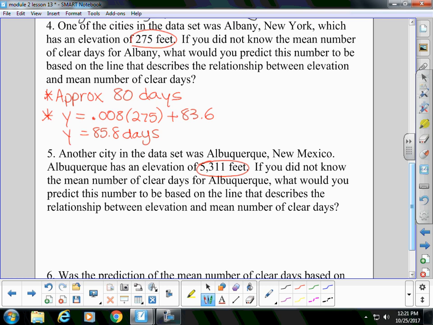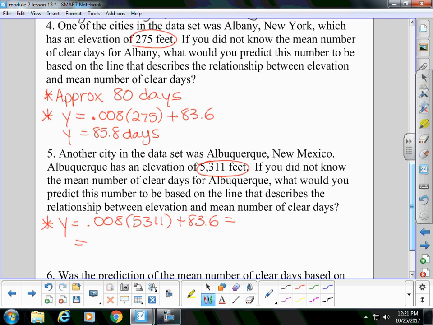So I'm going to use the equation again for that, just because it's a little bit more accurate than looking at the line. So y equals 0.008 times 5,311 plus 83.6.